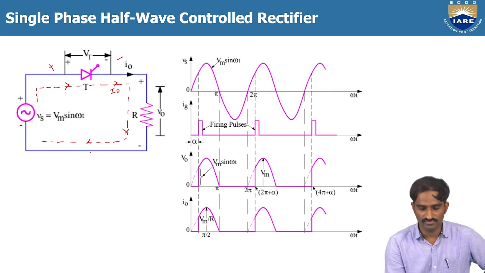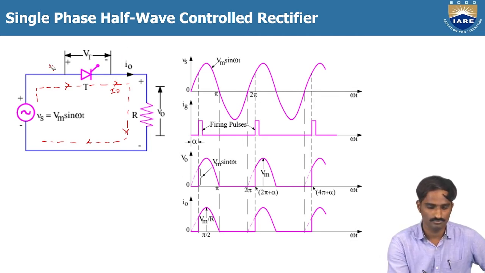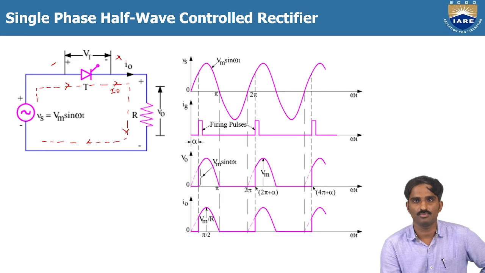But during the negative half cycle, this will be negative and this will be positive, which means reverse bias is applied across the thyristor, so the thyristor goes into the off state. That's why we get the output voltage and output current during the positive half cycle only. During the negative half cycle, because the thyristor is in the off state, we won't get the output voltage and output current.